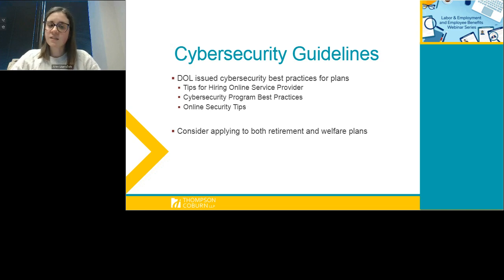And one is online security tips. Some people have interpreted these to apply only to retirement plans, but there has been some suggestion that they apply to both retirement and health and welfare plans. So I think it's a good idea to take a look at your processes for both retirement and welfare plans and make sure you're complying in both regards.